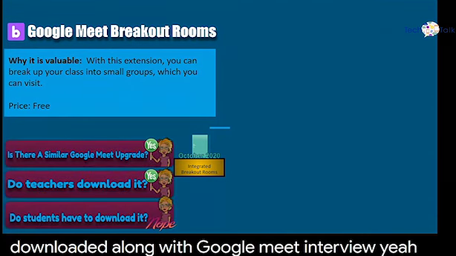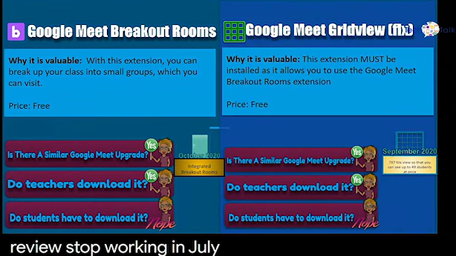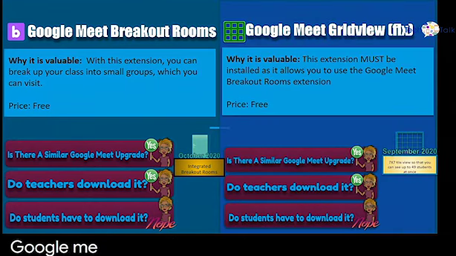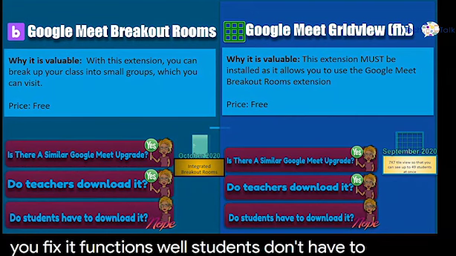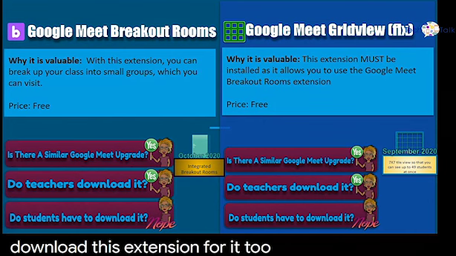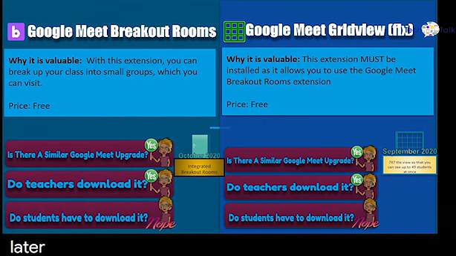Yes, I know that the old Grid View stopped working in July, but if you download the Google Meet Grid View Fix, and it has to have Fix in parentheses, it functions well. Students don't have to download this extension for it to work, as you'll see later, and I'll show you how we used it in the session right now.